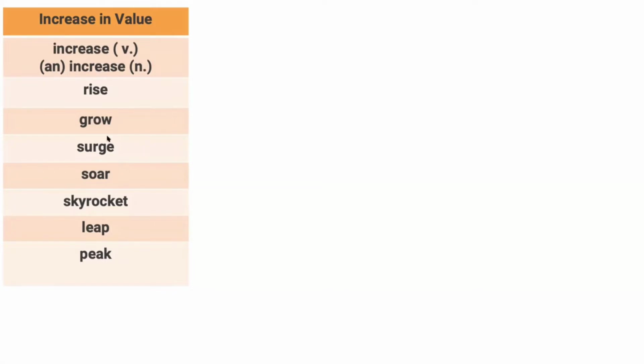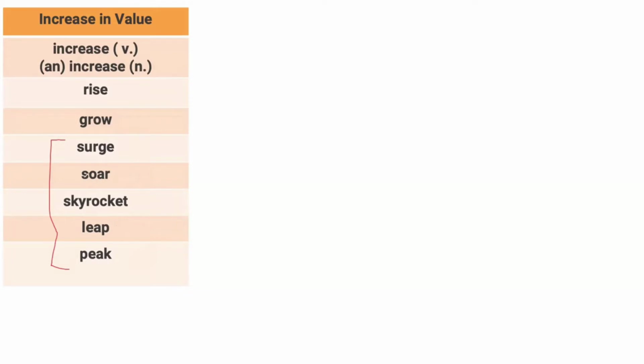Now we're going to look at some more advanced vocabulary. So we're going to focus on these words right here. So we have again, surge, soar, skyrocket, leap, and peak. Again, this is advanced vocabulary that you can use to help your lexical resource score in your writing.